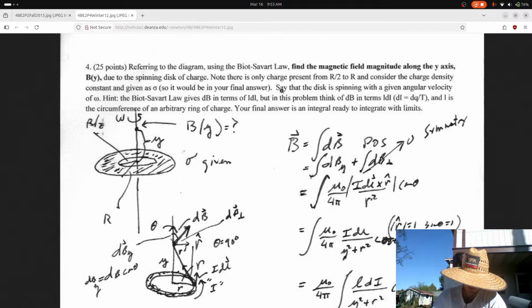So this is going to be y squared plus r squared. Oh, this is big R, this is big R, this is little r. Is it that? I don't know if it's that. But what direction?